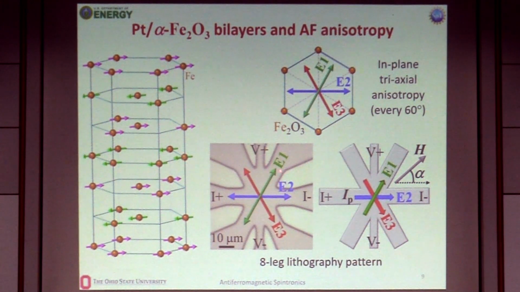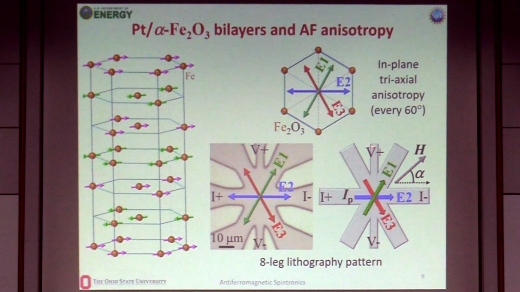So we pattern this into an 8-leg structure. This is a little different from what some of the other groups used because they are basically symmetrical 8 legs. We have these 3 legs that are thick, wide legs that are 60 degrees apart instead of 45. This is just to coincide with this 60-degree rotation between the 3 easy axes.